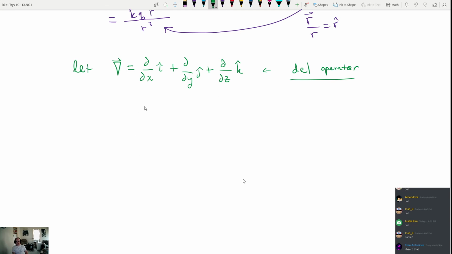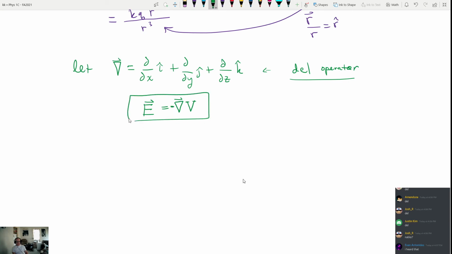But what you can do is you can say that the electric field is equal to, and this is where I'll use the word gradient, when I apply this to a scalar field, so the electric potential is a scalar field, then we call this operation the gradient. There needs to be a negative sign in here as well.